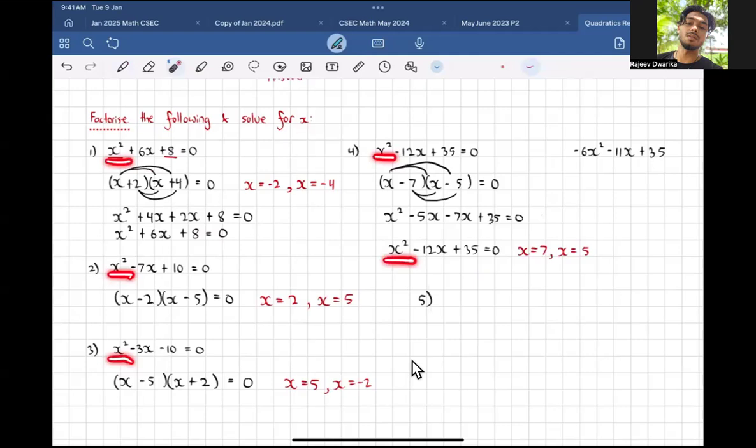How many x squared terms are you seeing? No, not 0. I see 1 x squared. In each equation, how many x squared are you seeing? 1. The coefficient is 1.